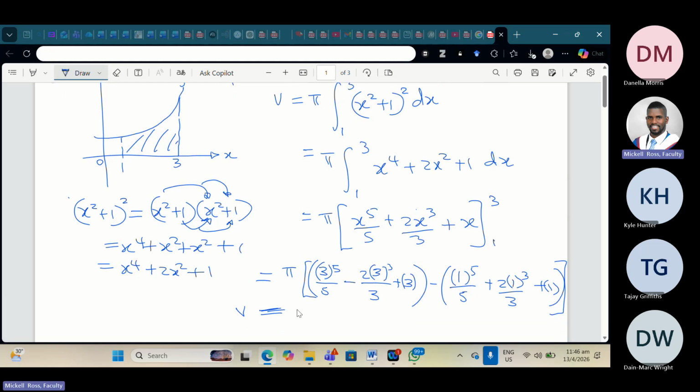So the final answer is going to be 476 over 15 times pi units cubed. So when we work out all of this part and subtract all of this part from it, your final answer is going to be 476 over 15, and you're multiplying by pi units cubed. So in the exam, you can just put it in your calculator and work it out, so you're not spending a lot of time doing things that you don't have to spend time doing.